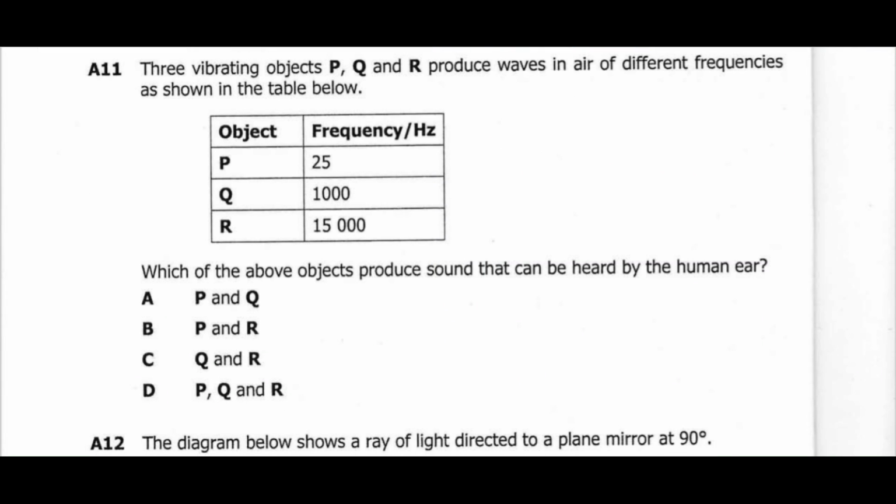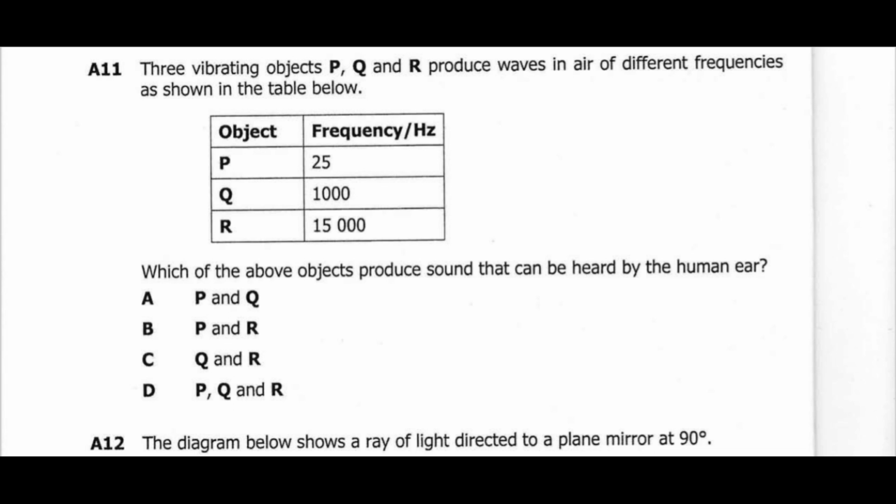Move on to question 11. 3 vibrating objects, P, Q, and R, produce waves in air of different frequencies as shown in the table below. So P has 25, Q 1000, R 15,000. Which of the above objects produce sound that can be heard by the human ear?